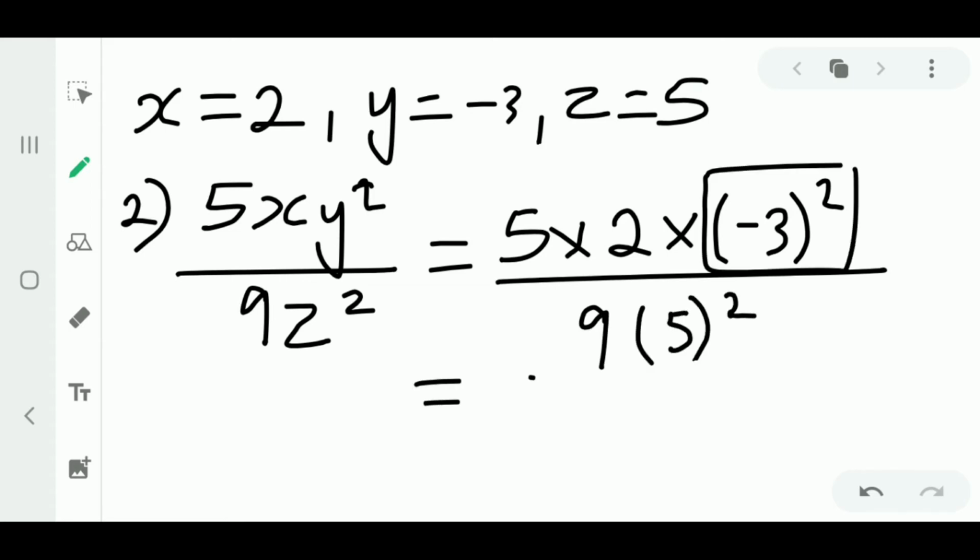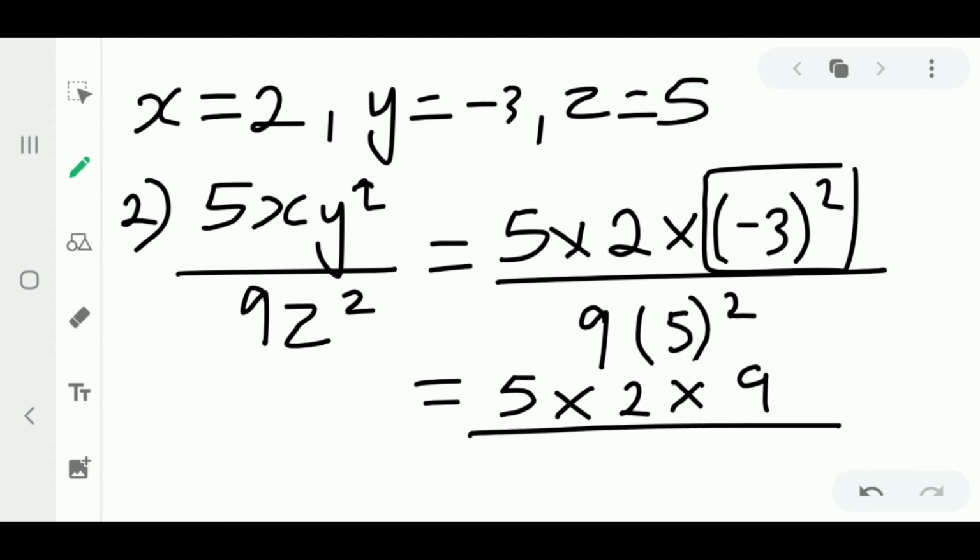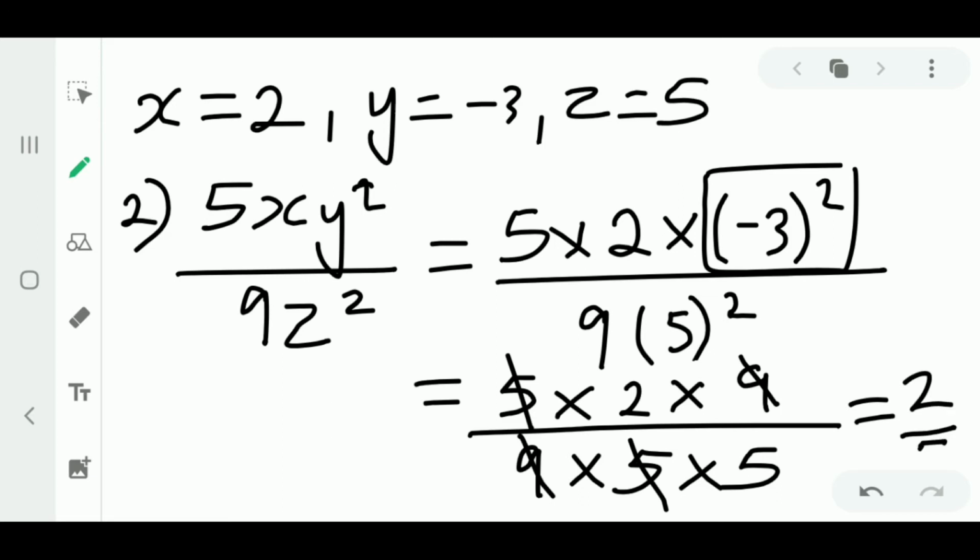So this is saying 5 times 2 times 9 over 9 times 5 times 5. And what you could do, because you're dividing and the signs here are multiplication, you could cancel the 9's here. You could cancel one of the 5's, and what you would have left is 2 over 5.